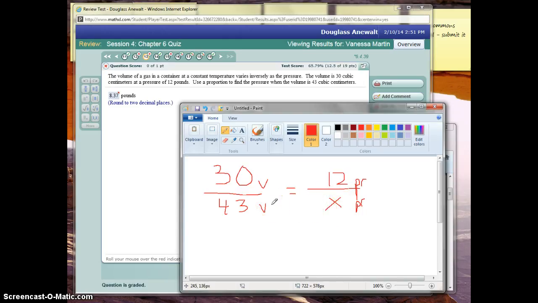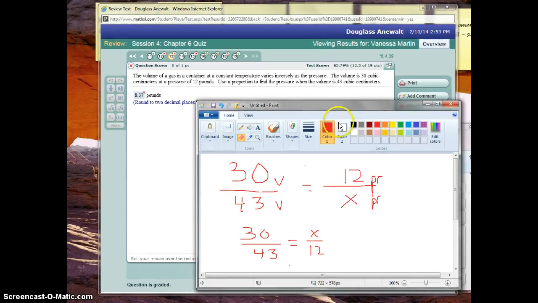And then you also, when you're solving this, you have to invert one of these. So we'll invert the second one. So what that means is before you do the cross multiply, go ahead and flip. Alright, so now that we've flipped, we've inverted one of them because it's an inverse proportion.